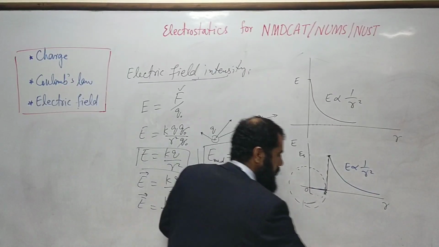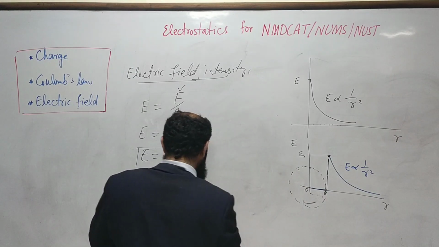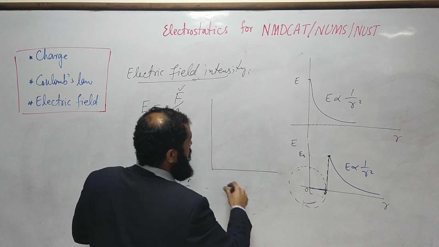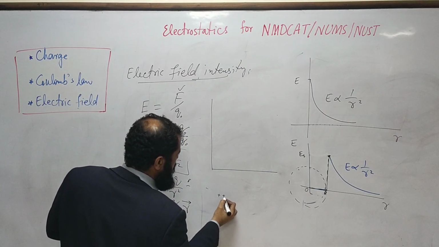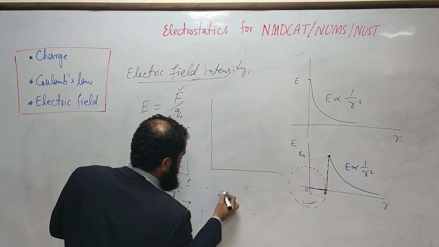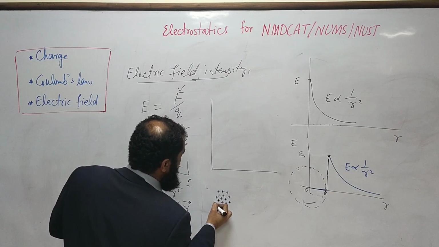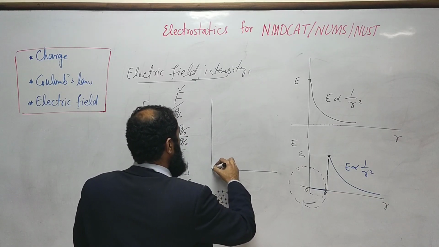But if we assume the situation when there is a charge inside that sphere and the distribution is like this, we are having some excess charge inside, then the field is like this. The graph is like this.